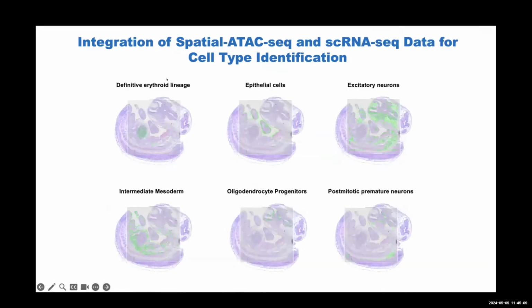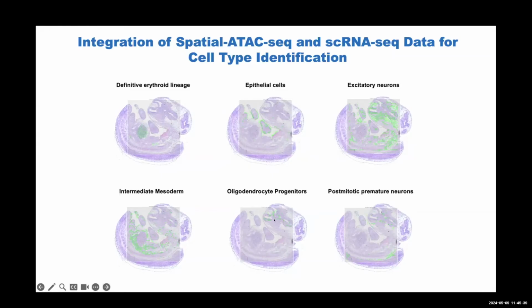For example, the erythroid lineage, as I mentioned, is strongly enriched in embryonic mouse liver. You do see the label transfer, the co-embedding tells you they are right in here in the liver. And in the brain, you do see a lot of interesting neuronal cell lineages, excitatory neurons, some premature post-mitotic neurons, and OPCs, oligodendrocyte progenitor cells.